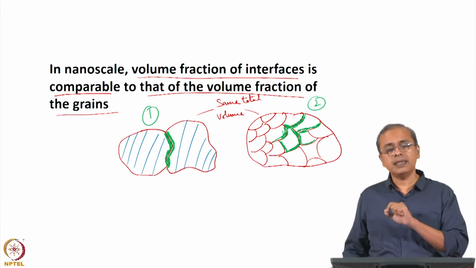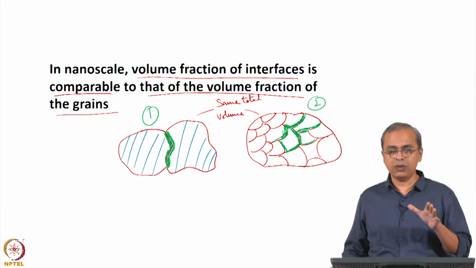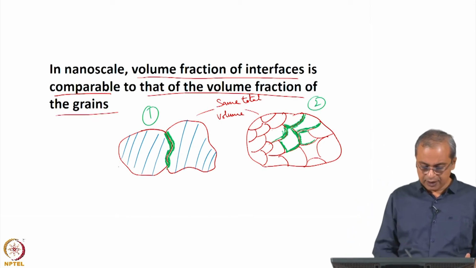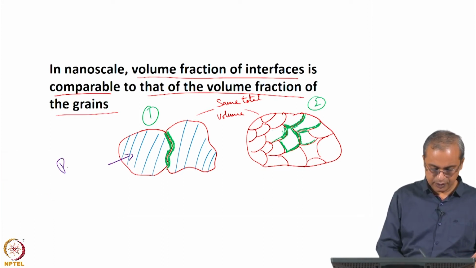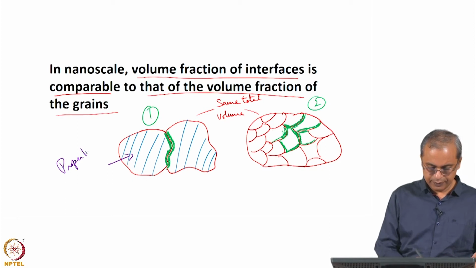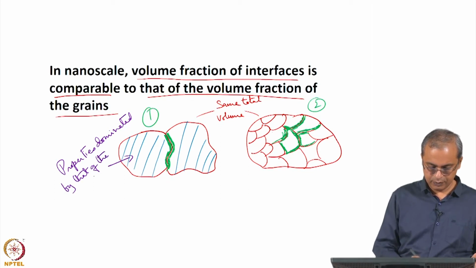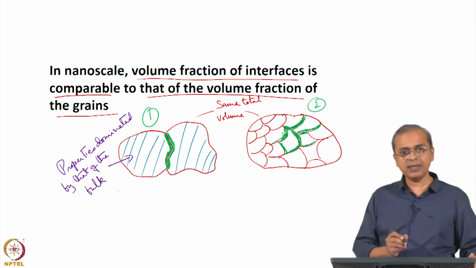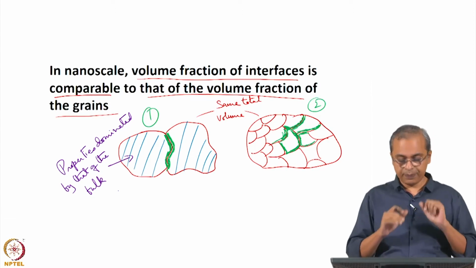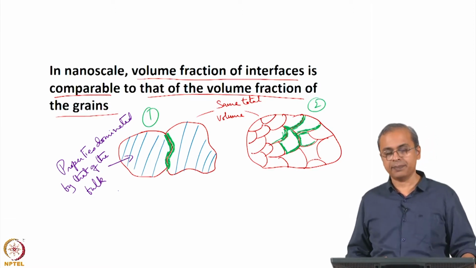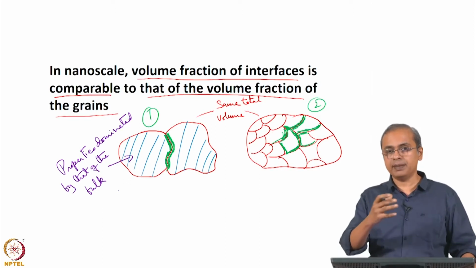Therefore, normally in macroscopic samples, when you look at properties, the property is dominated by the bulk. So, in case 1 the property that you measure is dominated by the bulk of the volume of that sample, that is, by the grain itself.